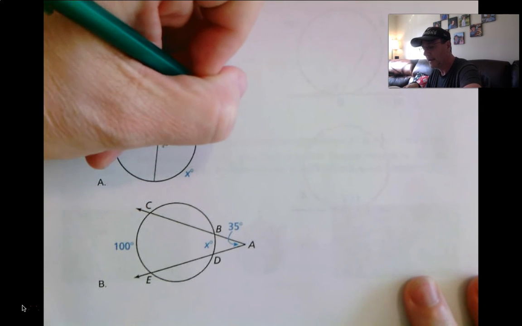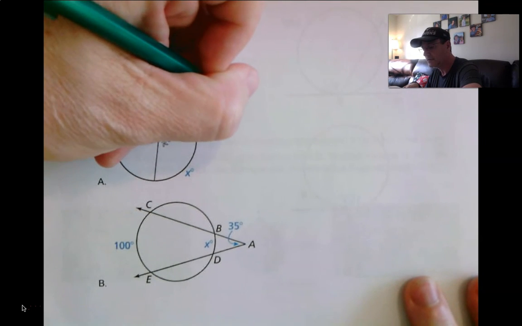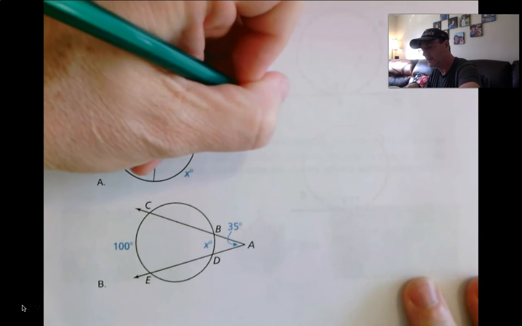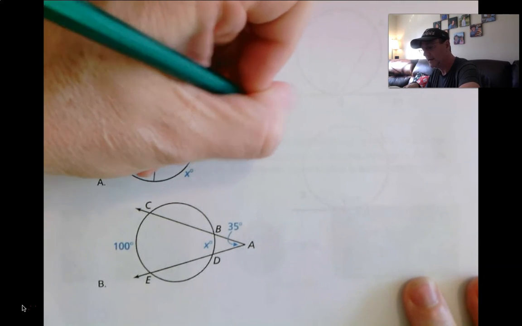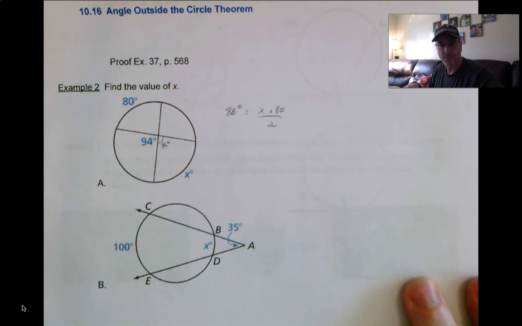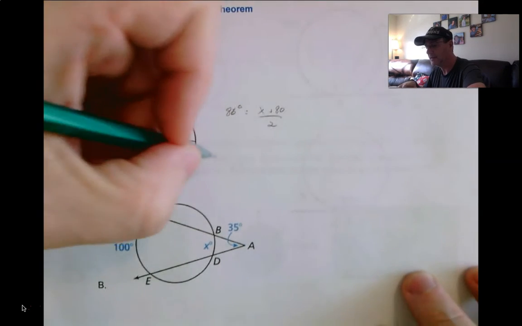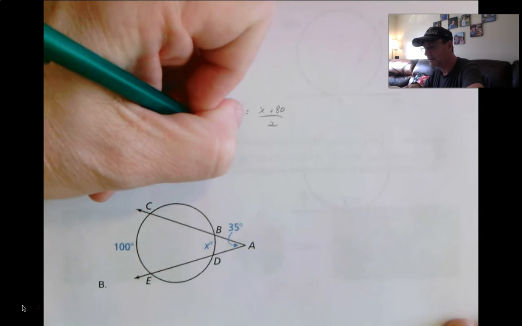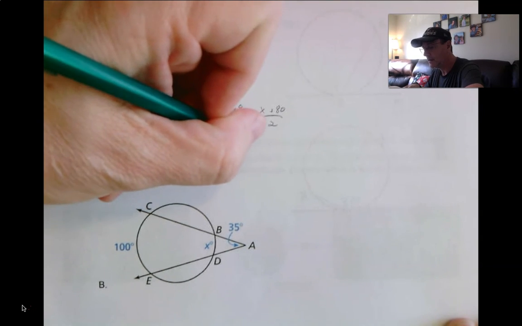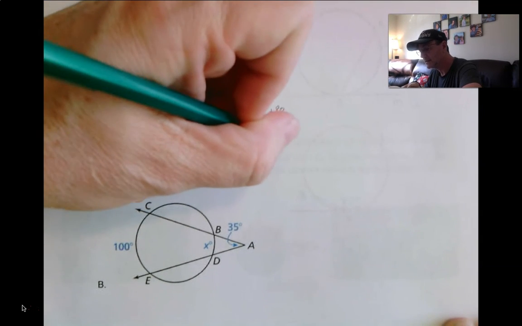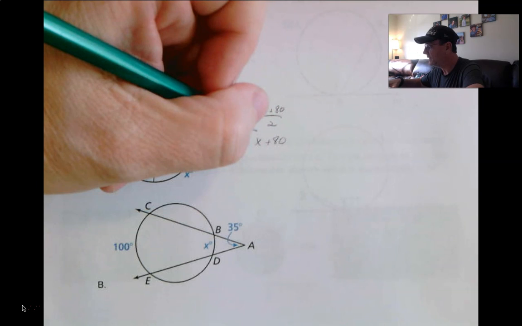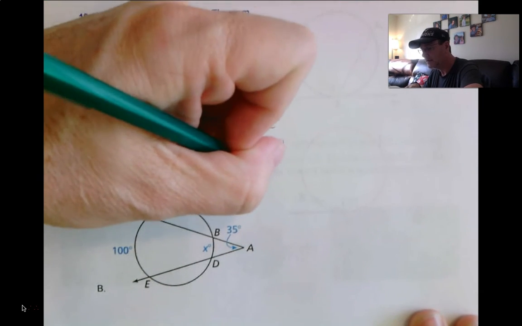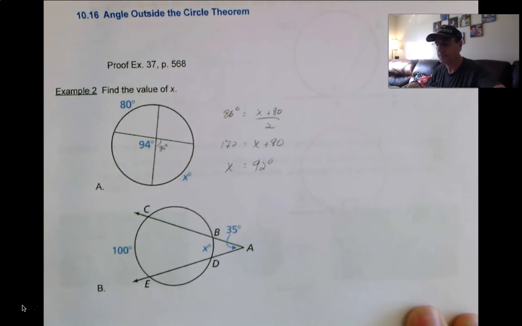So 86 degrees equals x plus 80 divided by 2. Multiply both sides by 2. 86 times 2, 172, equals x plus 80, subtract 80, x is equal to 92 degrees.